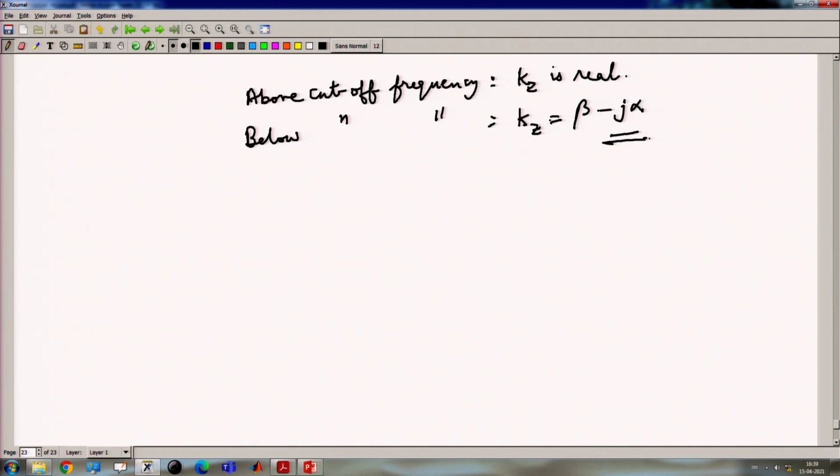So, therefore, the dielectric guides operating below cutoff can be used as antennas, because they are radiating energy to free space.